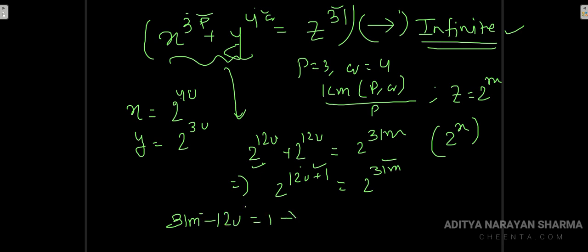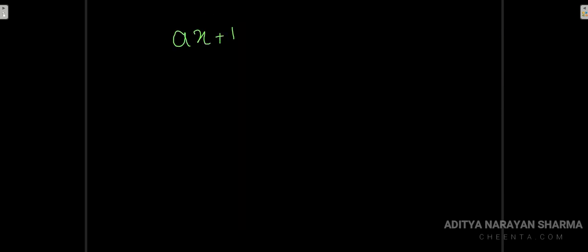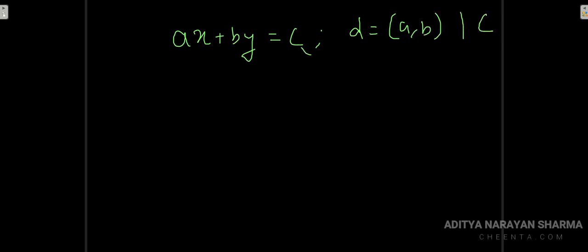And this is a linear Diophantine equation. So let me give you a bit of an idea about this first. A linear Diophantine equation is an equation where ax plus by is equal to c, and this is solvable if and only if the GCD of a and b, which we call d, divides c. So if c becomes 1, then ax plus by equals 1 always has a solution, because any GCD d will always divide 1 whenever a and b are co-prime.